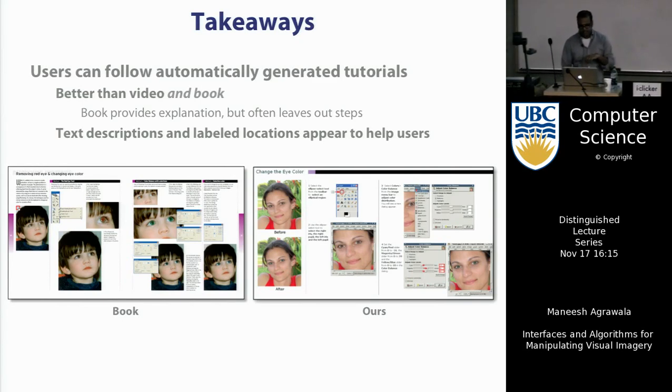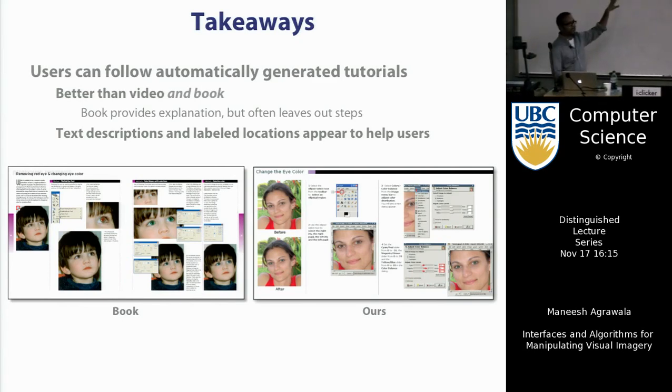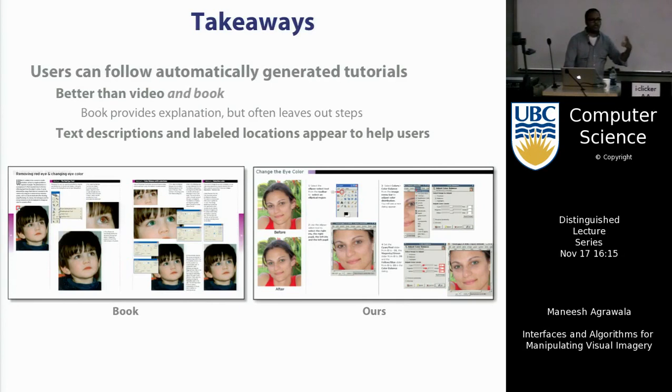And I think more study can be done here. The other thing, we looked carefully at the user feedback, and really the text descriptions and the locations of the tools really helped people understand where they should do, what kinds of actions they needed to perform.